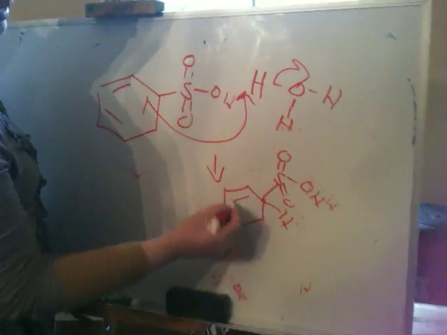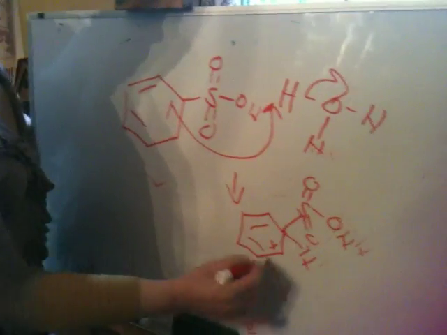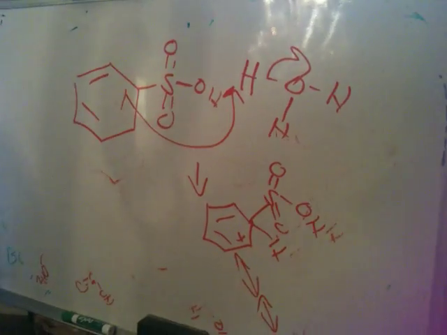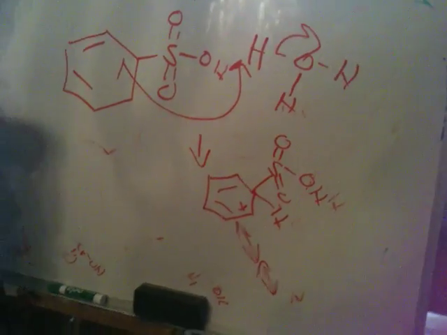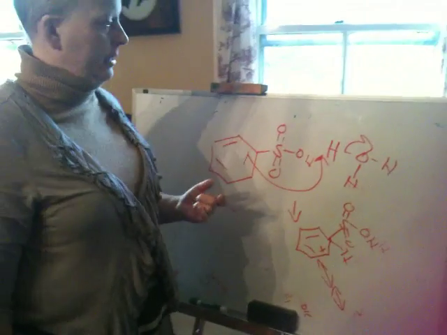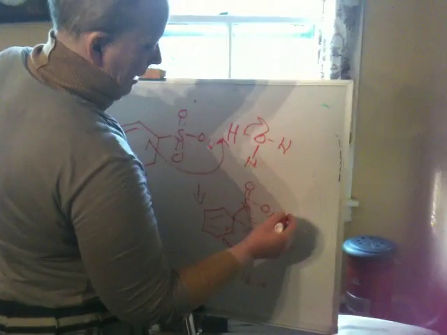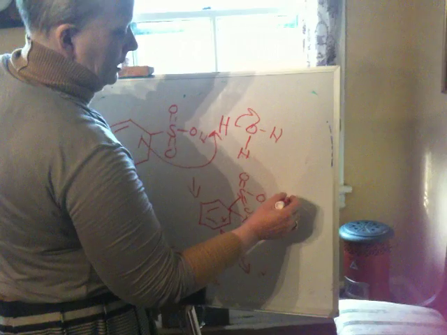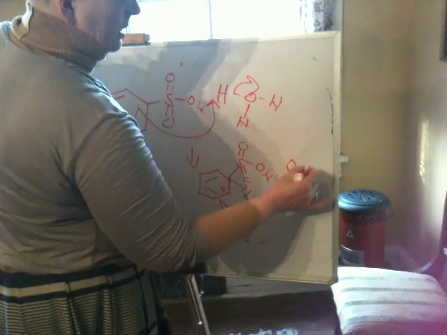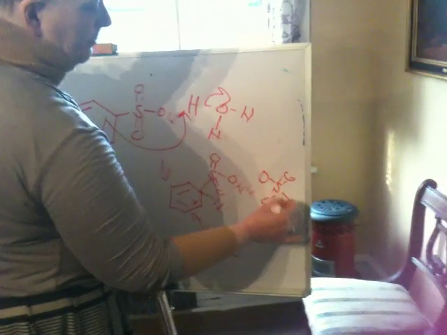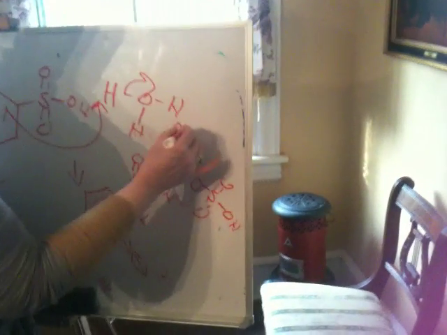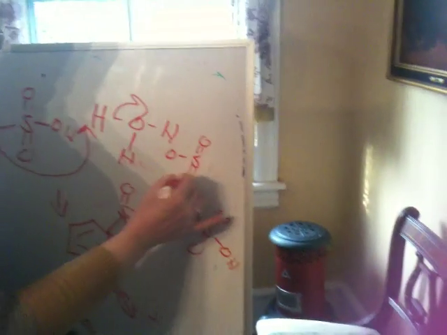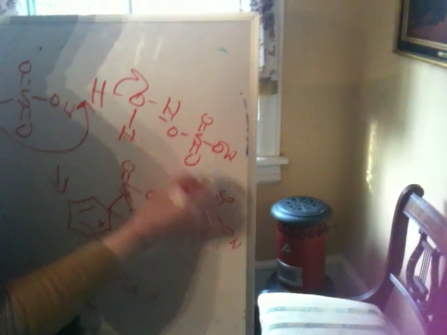So we would get this, and of course there's a bunch of resonance forms that by now you should be able to draw. Now, what if I was going exactly backwards? What I would do is take the hydrogen sulfate, which forms here, and I would pull.